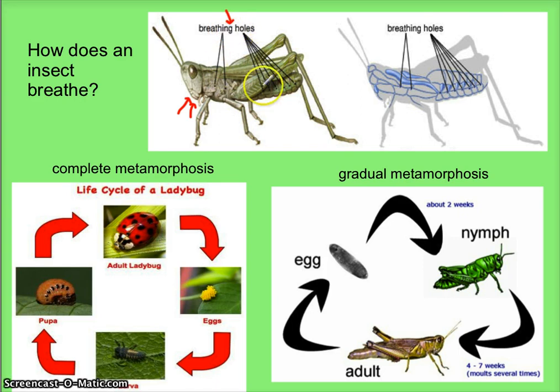Yes, throughout sections of the insect's body, there are actually little holes, predominantly on the abdomen, where oxygen travels directly from these holes to cells in the insect. You can see here on the inside of this grasshopper, you can see all these little air holes right here.